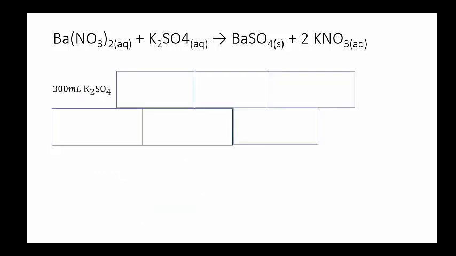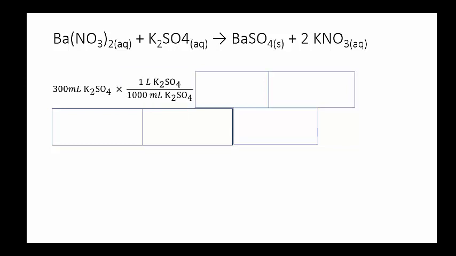Okay, so now I need to know how much of my excess reactant, how much of my barium nitrate, is going to be left over after the reaction stops. So I'm going to go back to my 300 milliliters of K2SO4, but this time I'm going to determine how much barium nitrate would be used up by using the 300 milliliters of potassium sulfate.